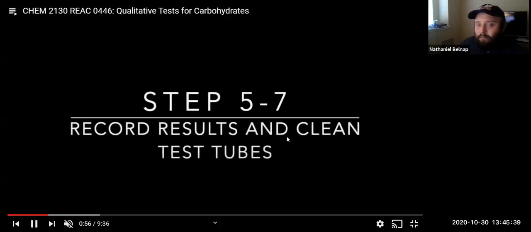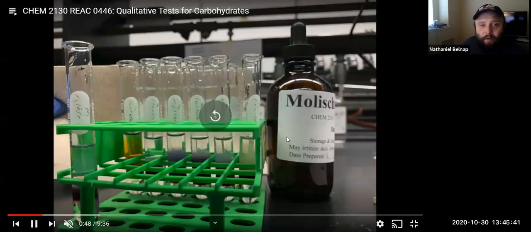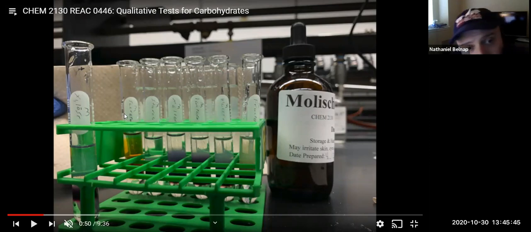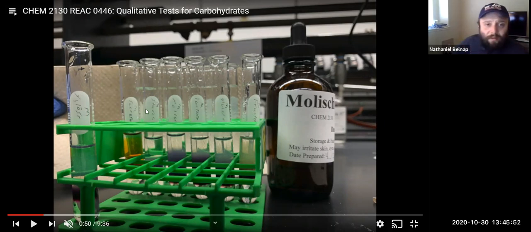So sucrose, starch, maltose, lactose, glucose, and fructose going from left to right. And then there's xylose right here on its own.